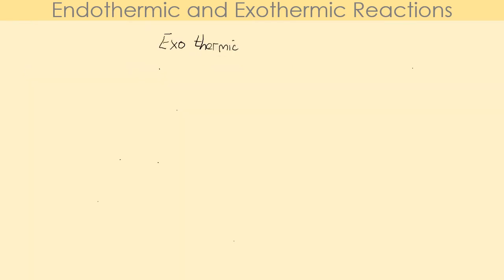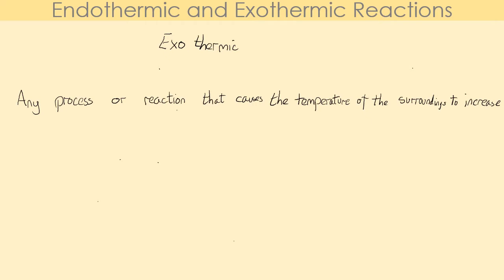We're now going to look at exothermic reactions. Now, an exothermic reaction is any process or reaction which causes the temperature of the surroundings to increase. So it is any process or reaction that causes the temperature of the surroundings to increase. Again, if we have a look at the word exothermic, we have two parts there.